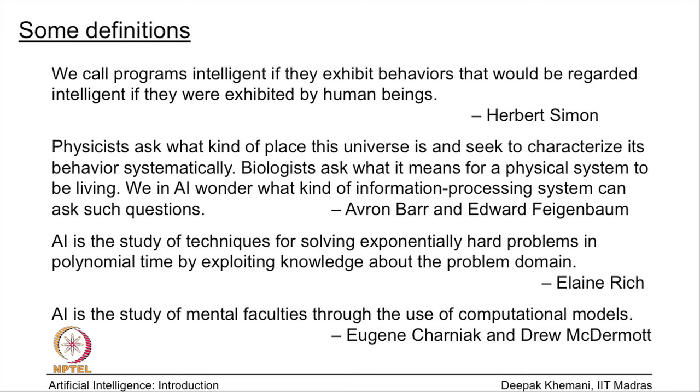And he was a multifaceted person, he did many things, as people used to be earlier. So, his definition is: we call programs intelligent if they exhibit behaviors that would be regarded intelligent if they were done by human beings.